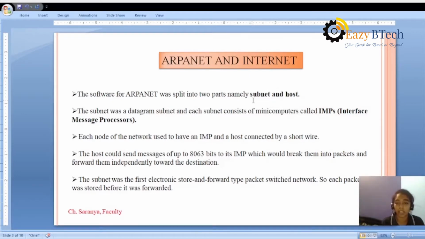Let us see the diagram. We can easily understand how the computers are connected to one IMP. What we call this is a particular subnet.